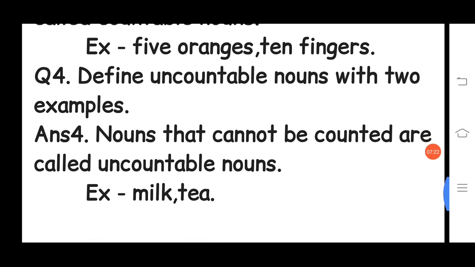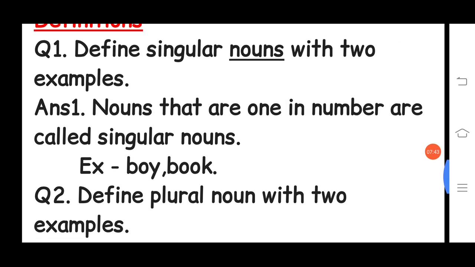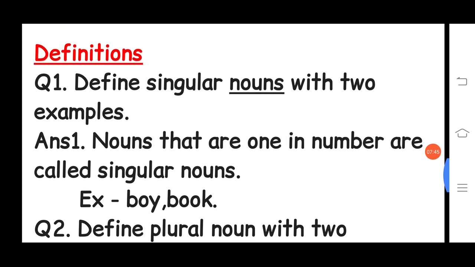Question 4, define uncountable nouns with 2 examples. Answer: nouns that cannot be counted are called uncountable nouns. Example: milk, tea. Okay children, here with 4 definitions we complete our definitions of lesson 5.